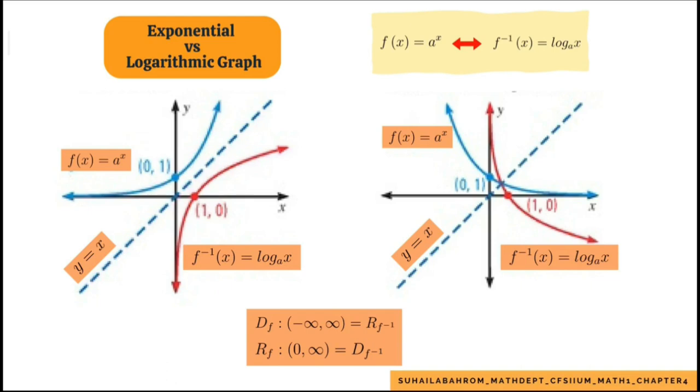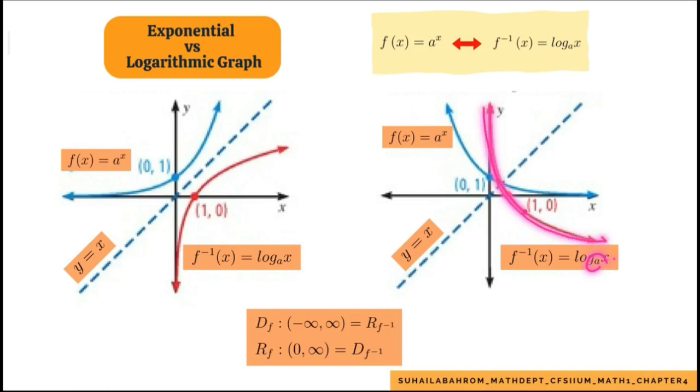And this is the graph of the exponential function when a is between 0 and 1. So we have this graph for a to the power of x. And when we reflect this graph on the line y is equivalent to x, we will get the function equivalent to log x with the base a. So we will get this graph.